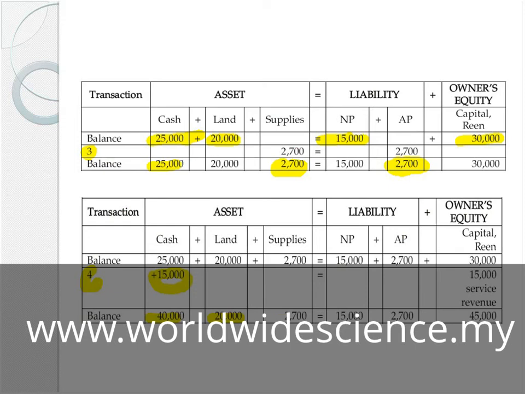Equal to liability we have 15,000 which we loaned from the bank. We have 2,700 which we haven't paid for the equipment. We have taken it on credit. And on equity we have 30,000 plus 15,000 service revenue, so it will be equal to 45,000.